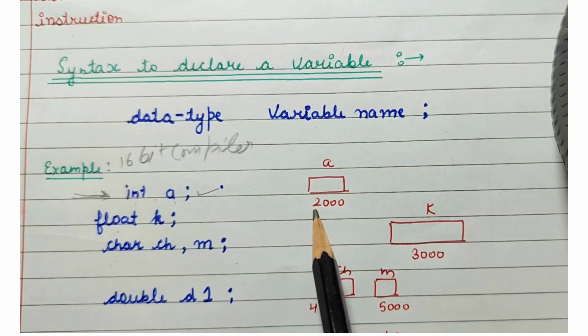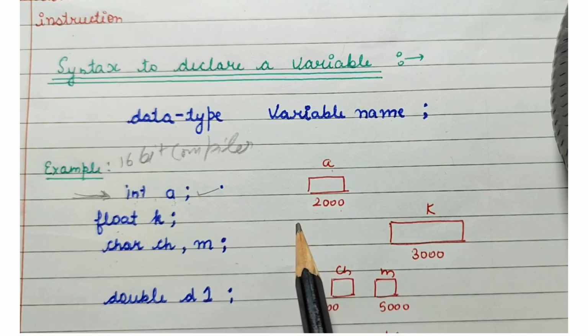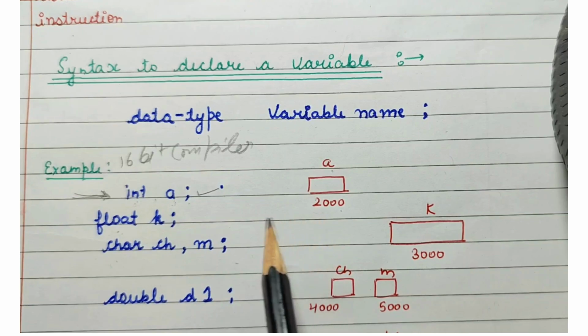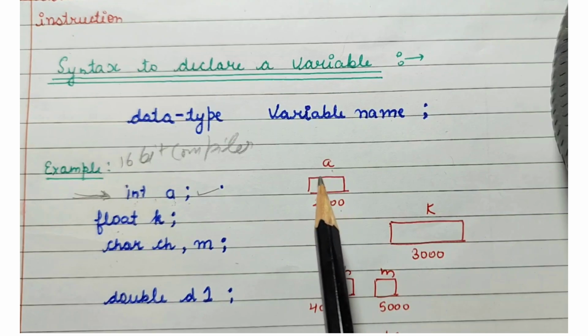So some random address is assigned to this variable a. Here 2000 address is assigned. In reality, all addresses in RAM are in hexadecimal, but here for easiness I assume address 2000. Right now a is empty, so the space is empty.